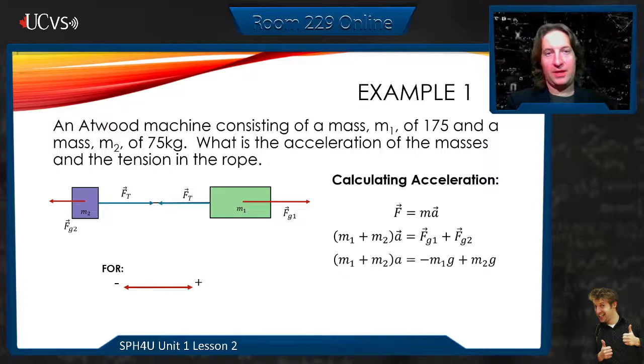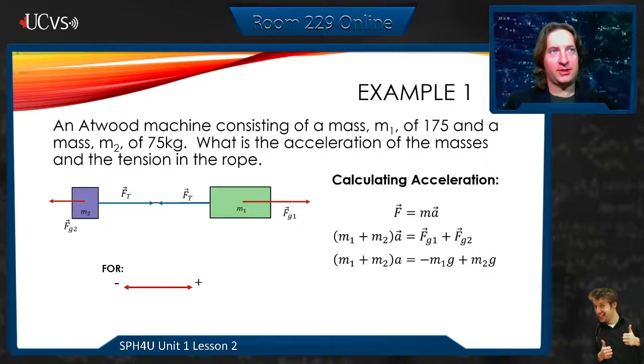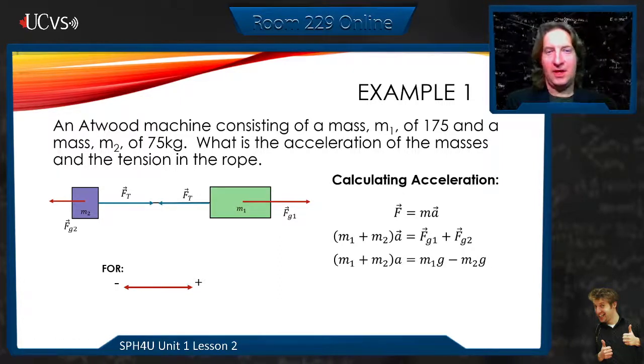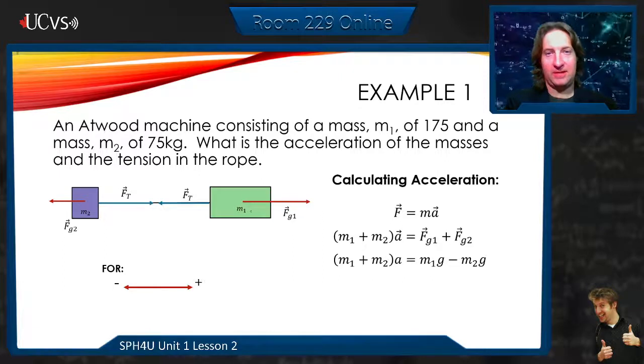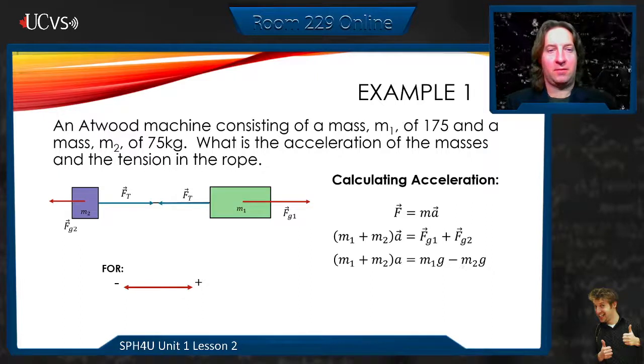Then I know that the force of gravity on 1, wait a second, sorry, so the mass 1 is moving to the right, so we're going to have that as a positive, because this larger vector here, Fg1, is in the right direction, which is positive, which means we're going to end up having a positive sign for this term.